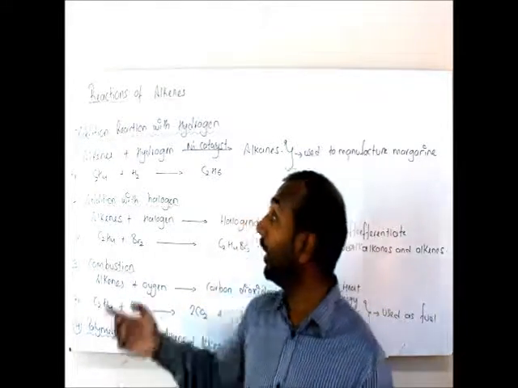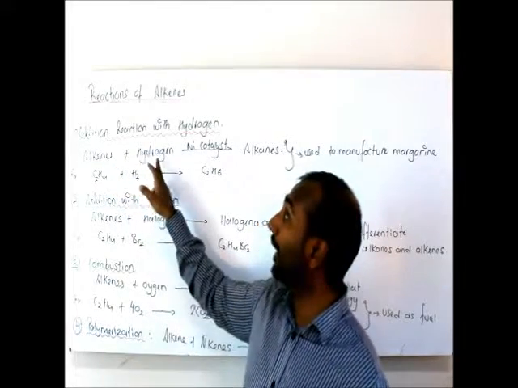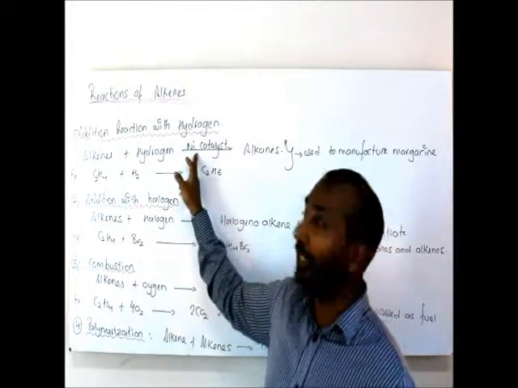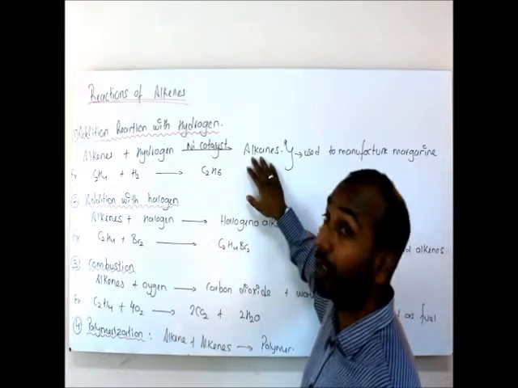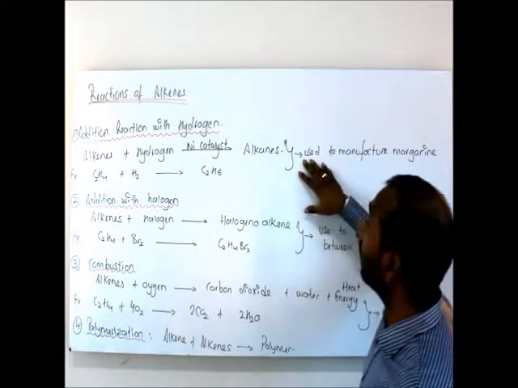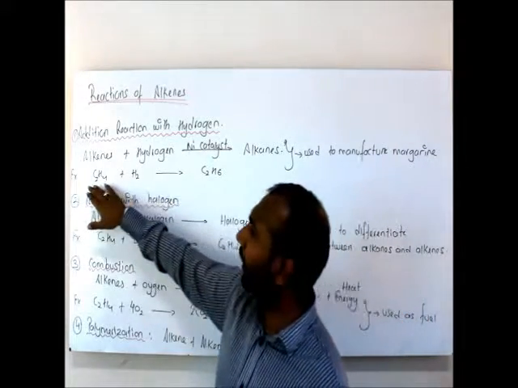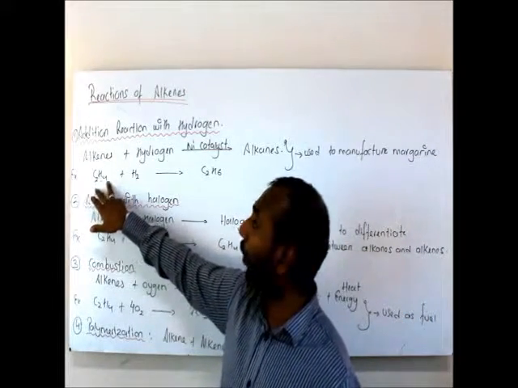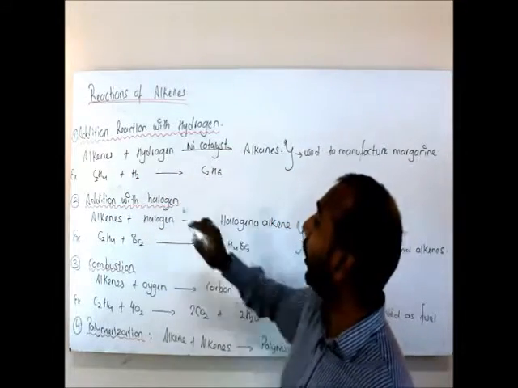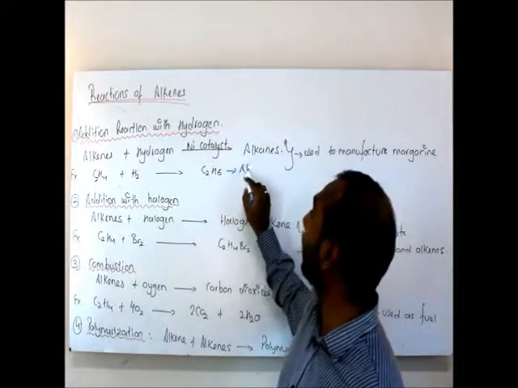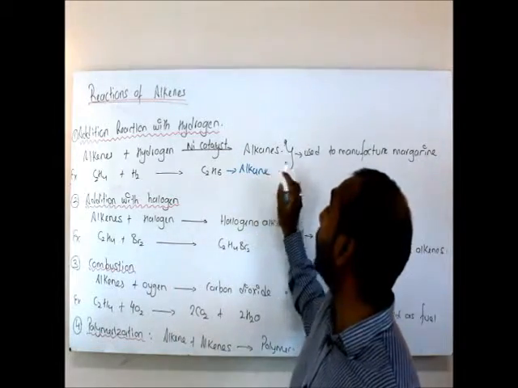In the presence of a nickel catalyst, it gives you alkanes. One example: take C2H4, add hydrogen gas to it, and it becomes an alkane.